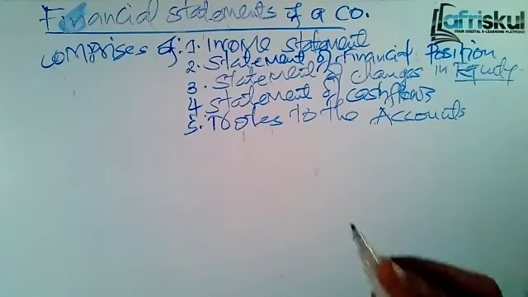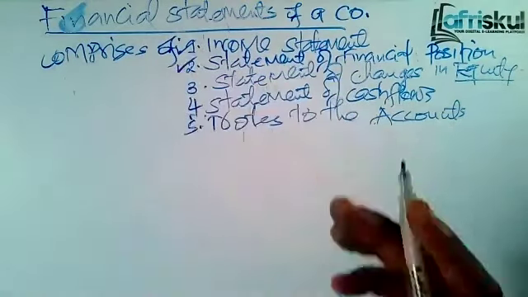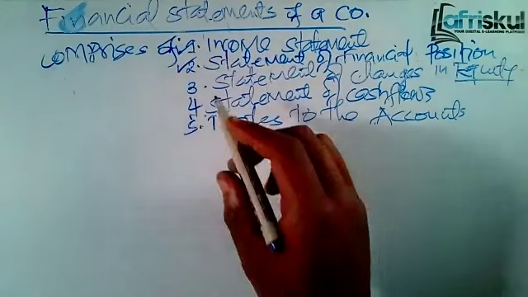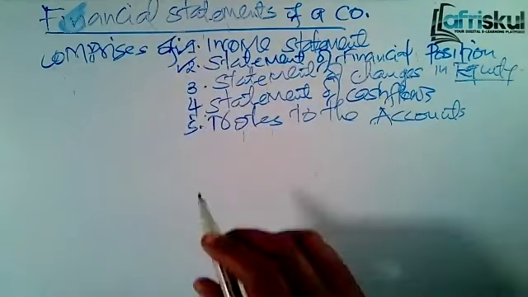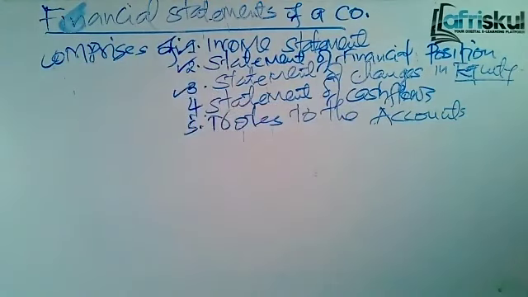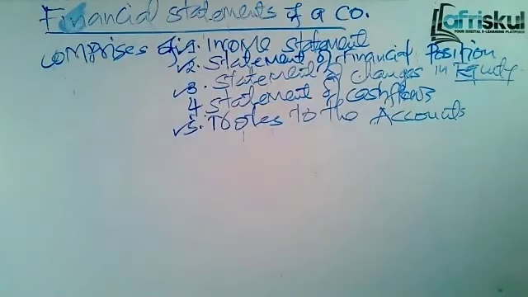Now, in this case, we'll be able to talk about the income statement to know how it is being prepared. And again, we'll also talk about the statement of financial position. And then I will also show you the statement of changes in equity and the notes to the accounts.